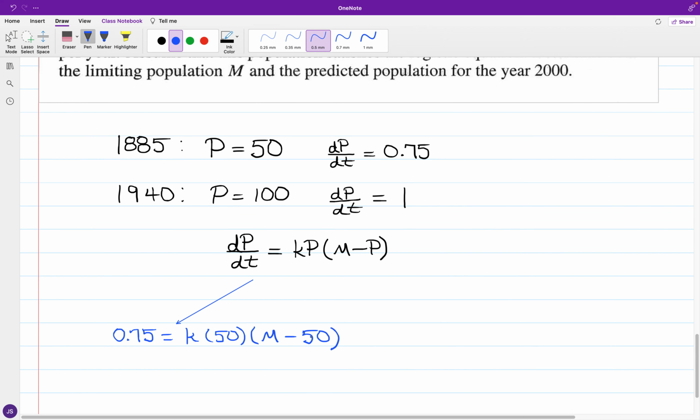Looking at what we have now, you have 0.75 is equal to 50K times the quantity of M minus 50.